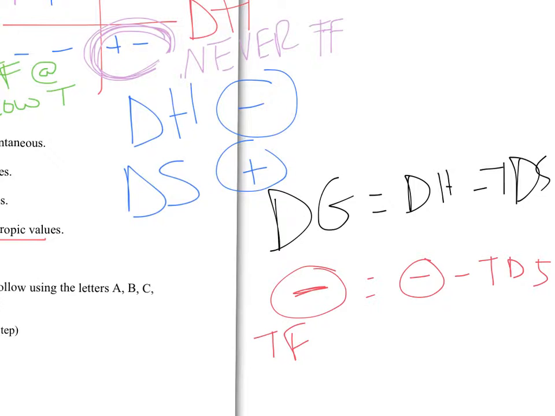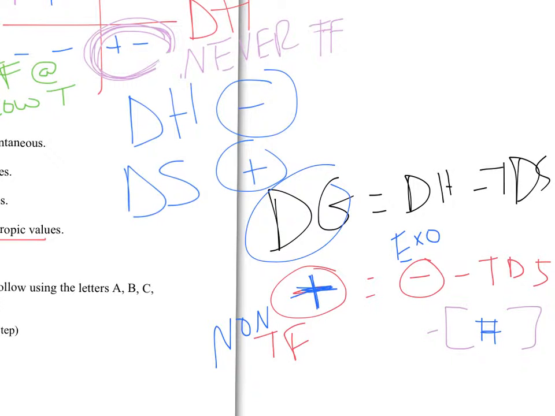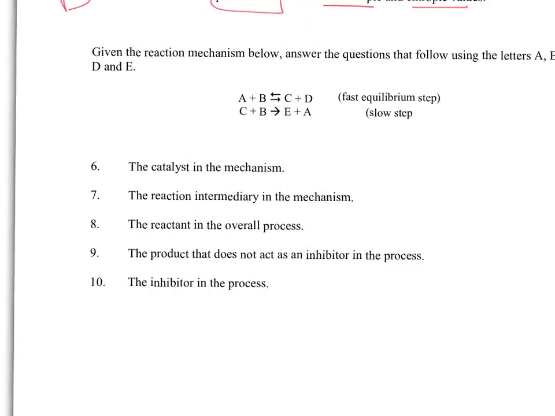Yeah, so there's got to be something we can plug into this to still make it negative. Excuse me, I'm backwards again. If this number is positive, which means it's not thermodynamically favorable, and delta H is exothermic, which is what it likes to be, there's a number that I can plug in that'll make delta G positive. Does that make sense? Okay.